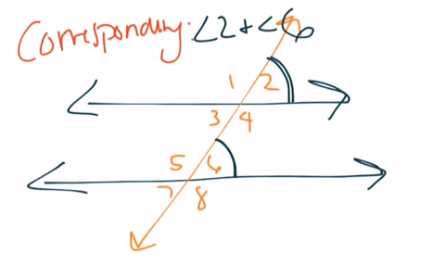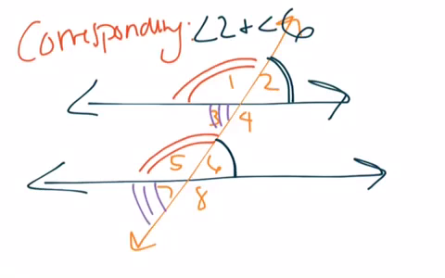One is on the inside, the interior. Other sets of corresponding angles would be 1 and 5, 3 and 7, and of course the last one would be 4 and 8. One is interior, one is exterior. They have to be on the same side of the transversal.